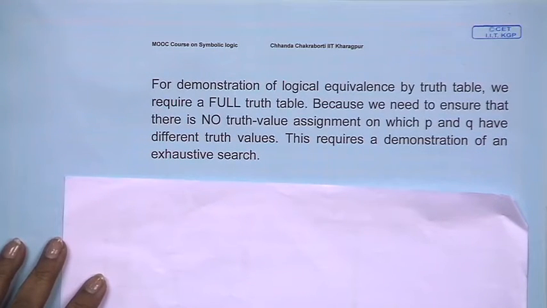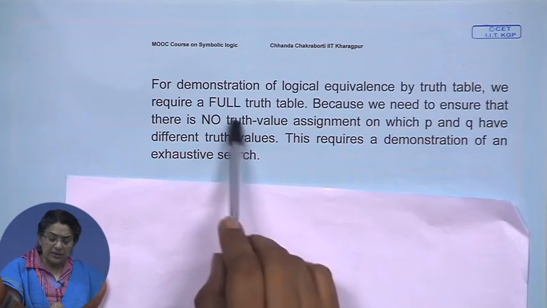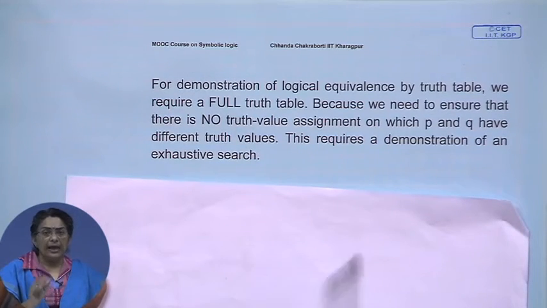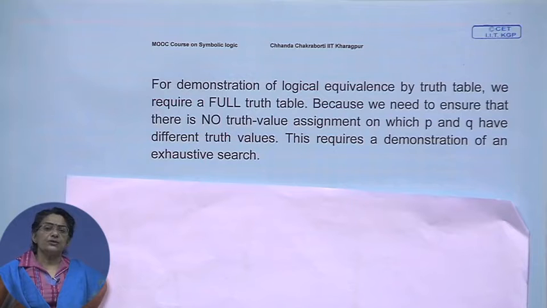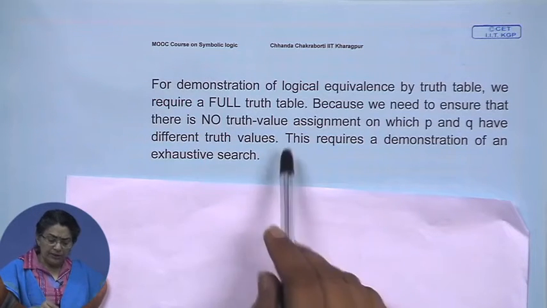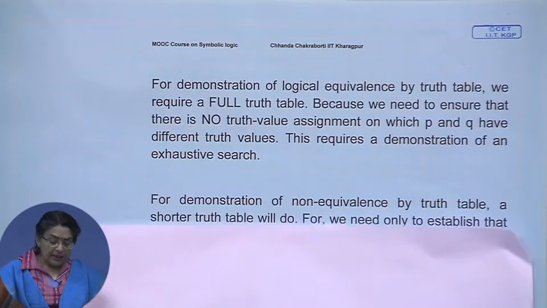This should already be evident from what we have discussed, because we need to ensure that there is no truth value assignment on which P and Q exhibit different truth values. This elimination of even a single possibility is a major exhaustive task for which you are going to require the full truth table, correct.